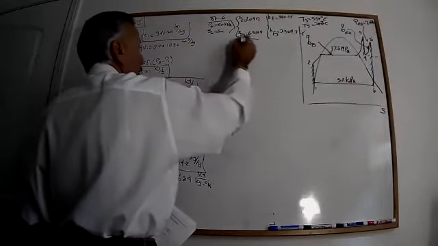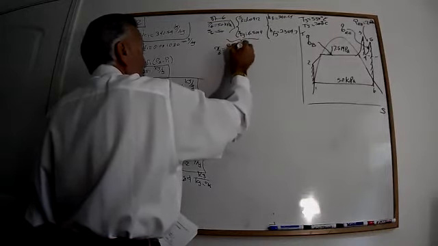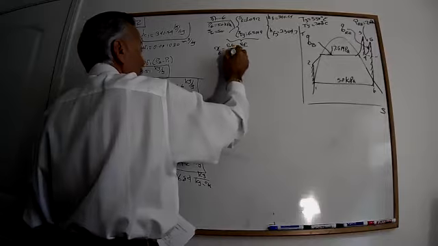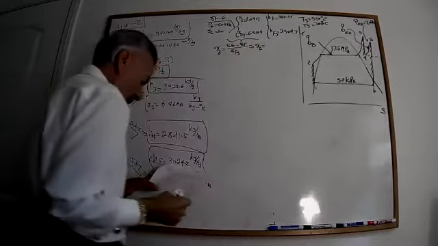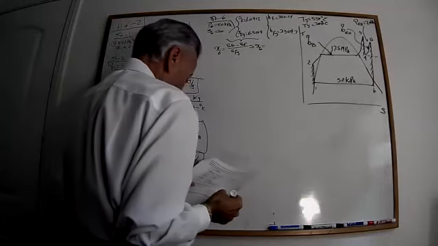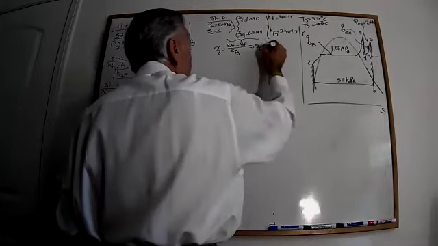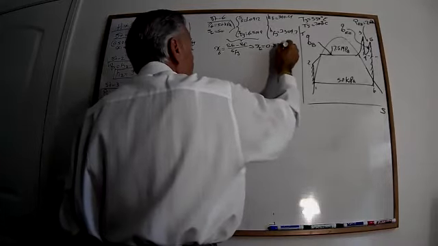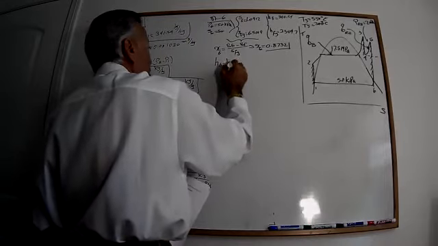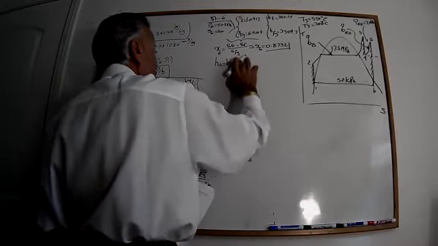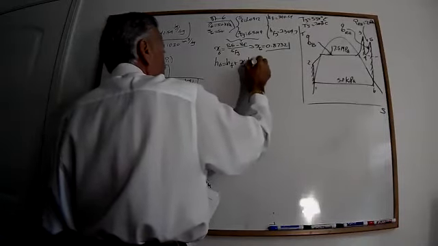Now, once again, from this side, we find X6 equal to S6 minus S of F divided by S of FG. That will give us the quality of X6, 0.8732, and H6 equal to H of F plus X6 times H of FG.